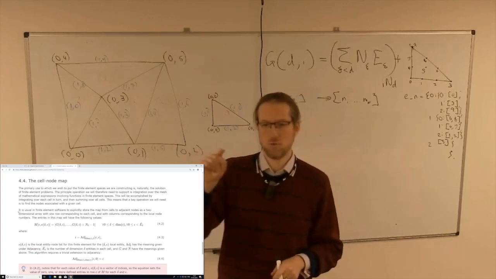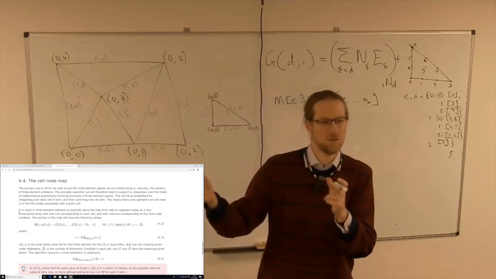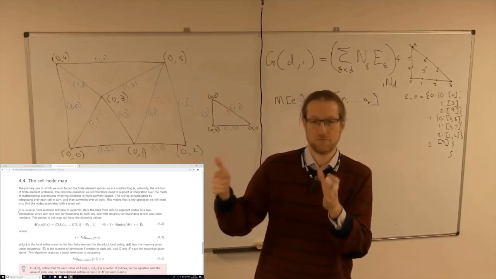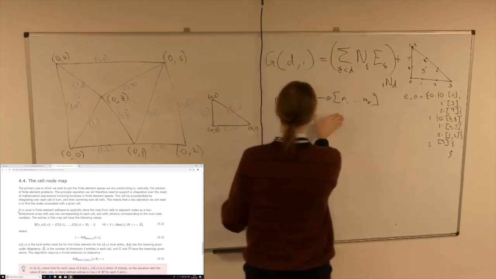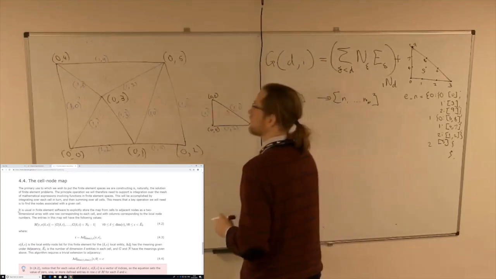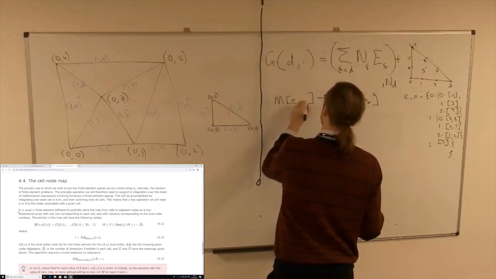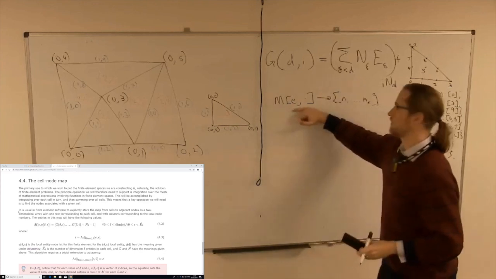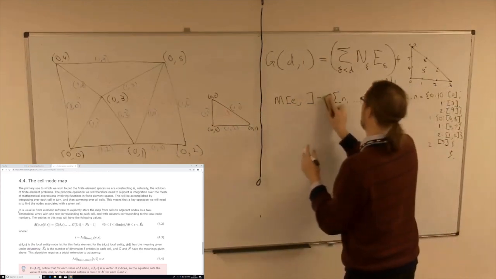You have one row for each element, and that row consists of the values of the global degree of freedom numbers on that element. That's how this works out. So what I really said is that this row of this is equal to that set over there.